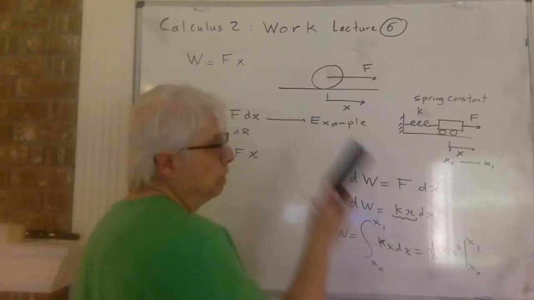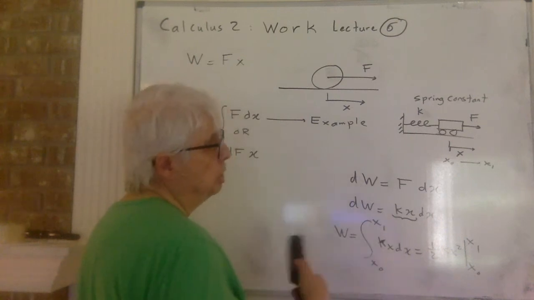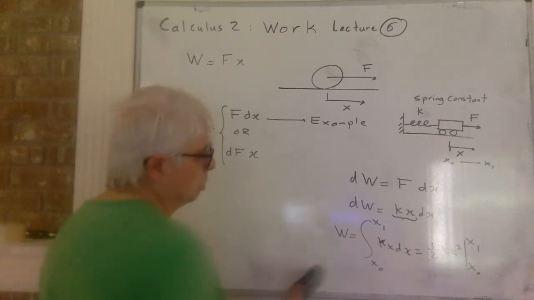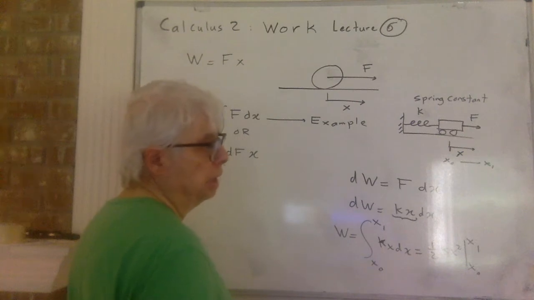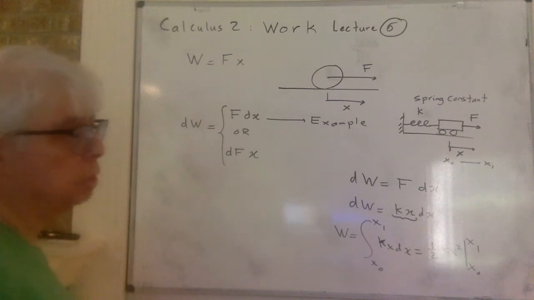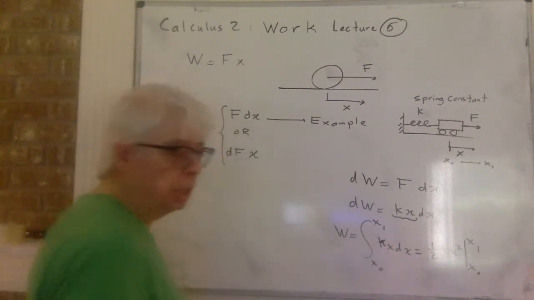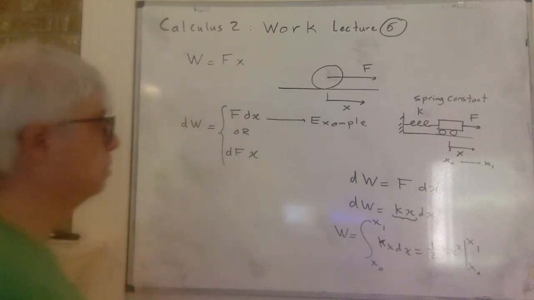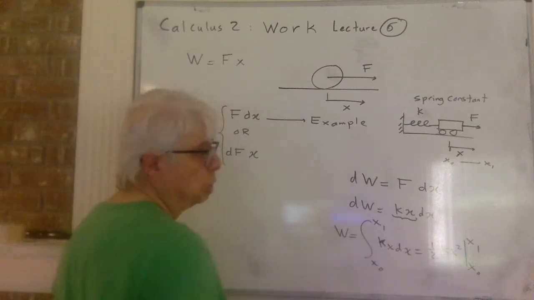It is not just Fx anymore, because that function F changes with x. F is not fixed. Because it changes, you cannot just write kx times x, kx squared. Maybe you had this question when studying physics, why is it not simply kx squared? Because that force, which is a function of x, changes with x. So you now know why it is 1/2 kx squared: you are finding an integral.